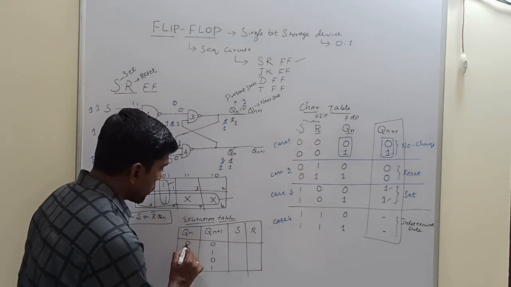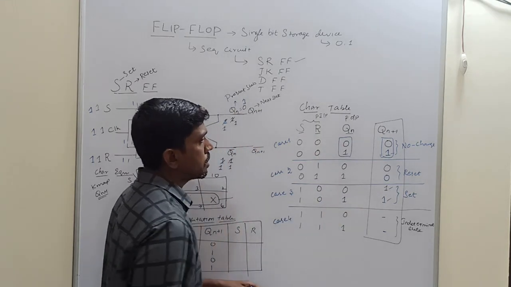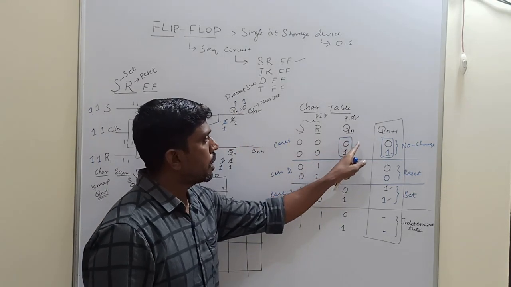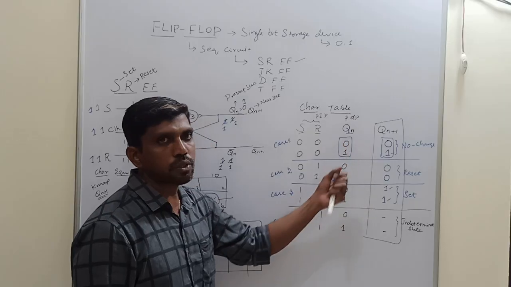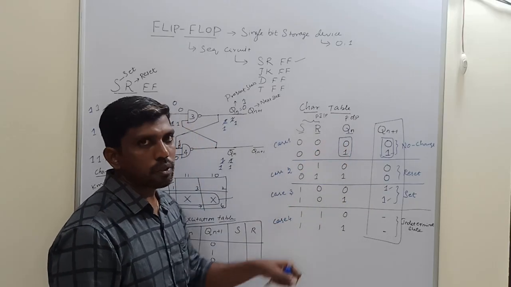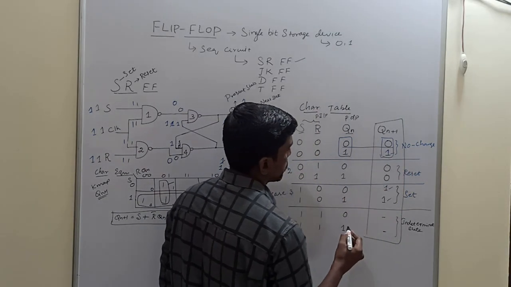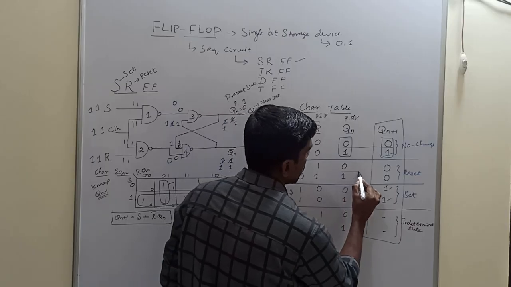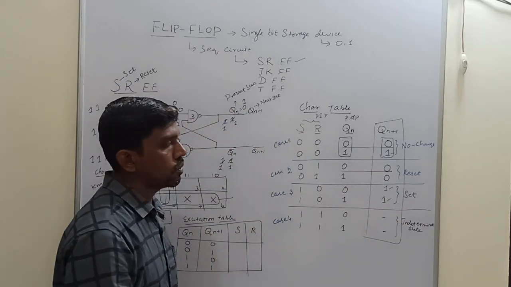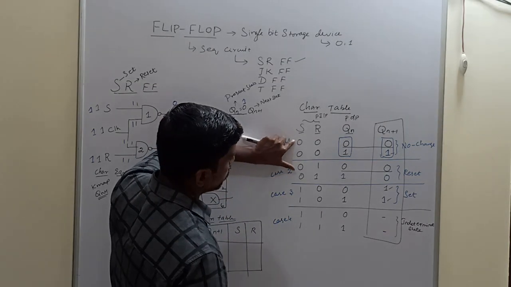First one: Qn value 0, Qn plus 1 is 0. In this table, find where both Qn and Qn plus 1 values are 0. Here Qn value 0, Qn plus 1 0, and here also Qn value 0 and Qn plus 1 is 0. Let me consider these two terms.